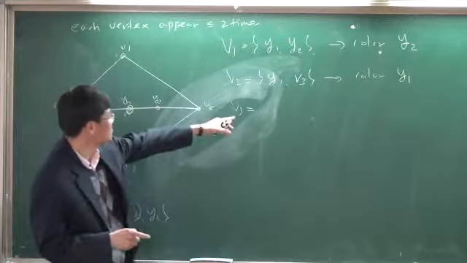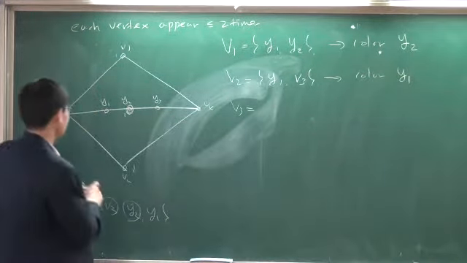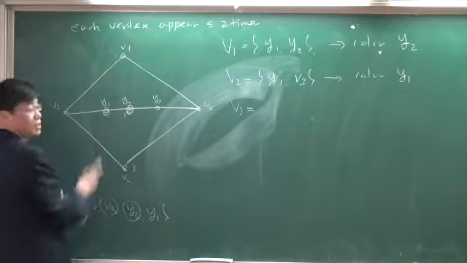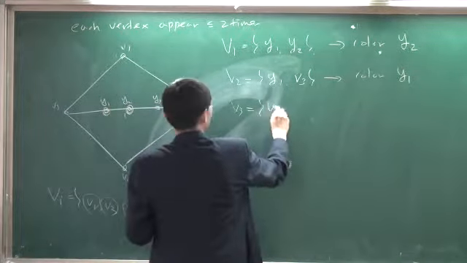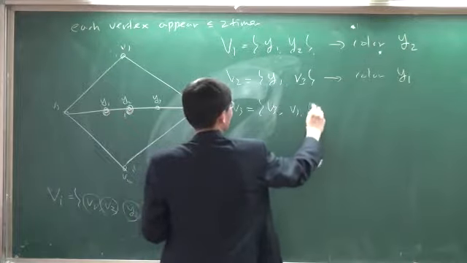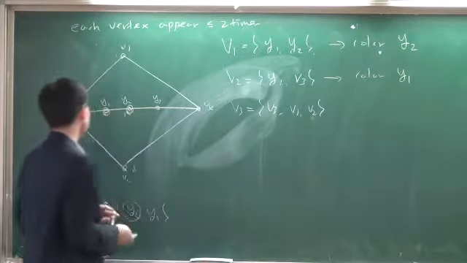Next, if Bob selects V3, in this case Y1 must be colored. The next, V3 and V1, V2.